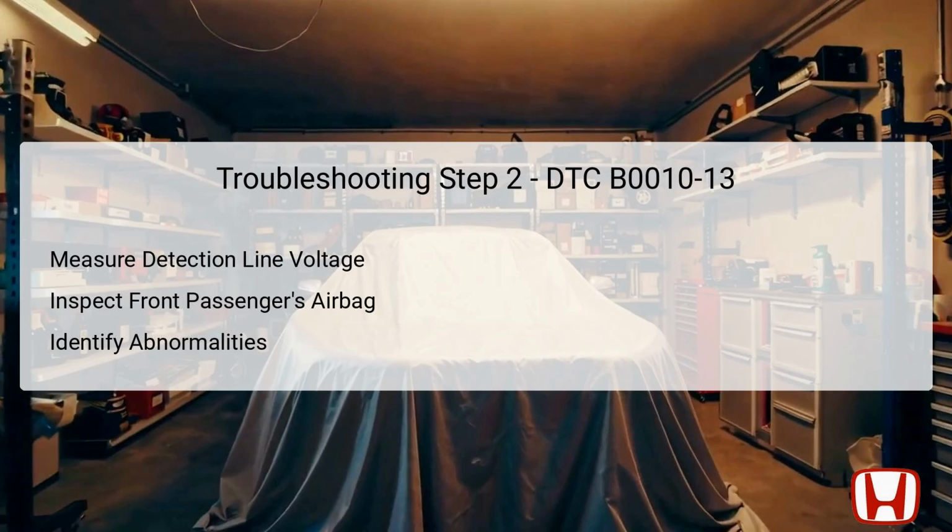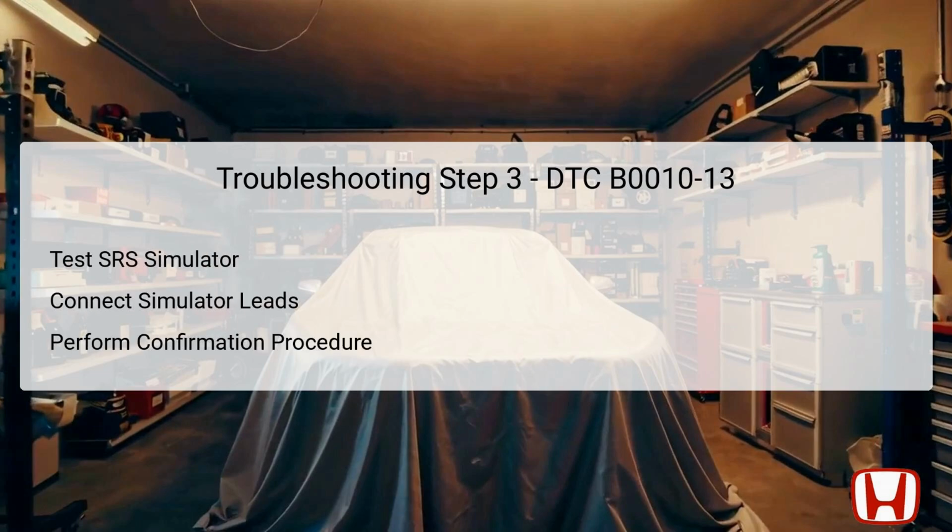Look for signs of wear or damage that may indicate malfunction. If any abnormalities are identified during this inspection, they must be documented for further analysis. Understanding these readings and their implications aids in tracking down the root cause of DTC B0010-13.